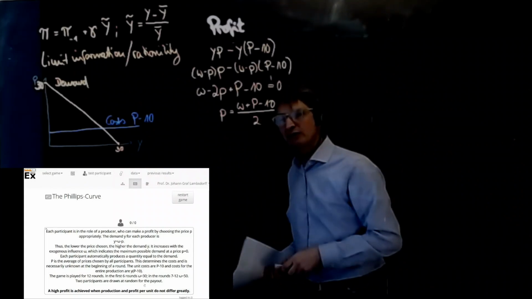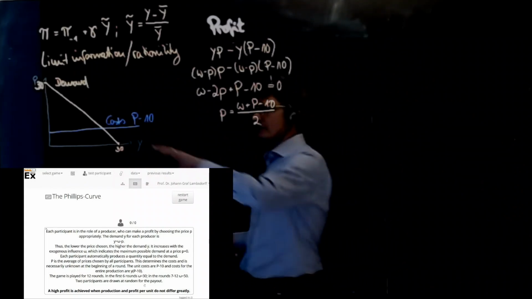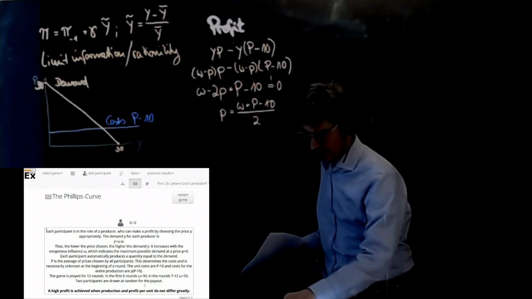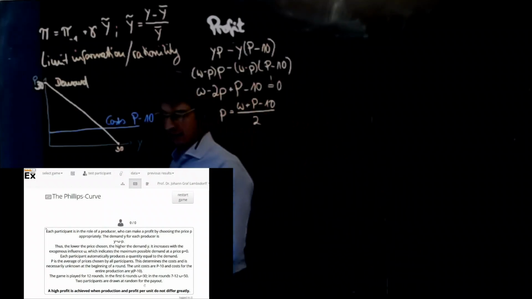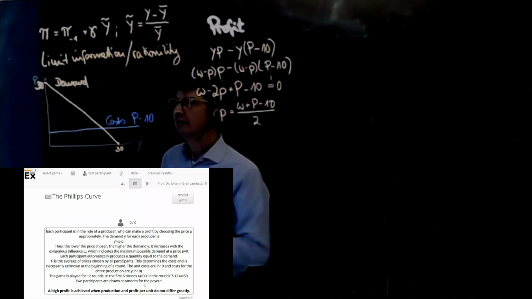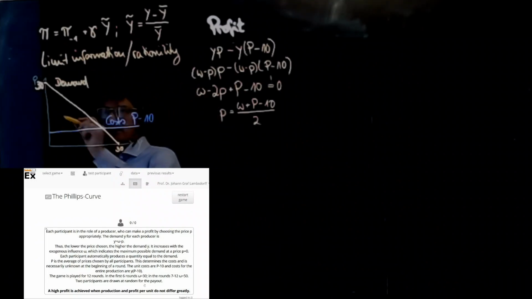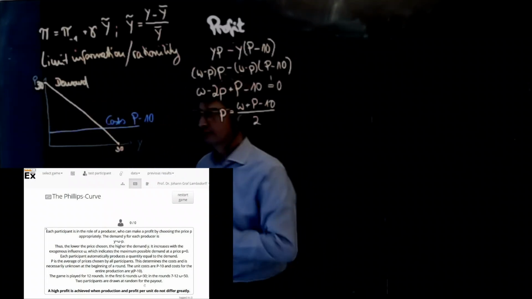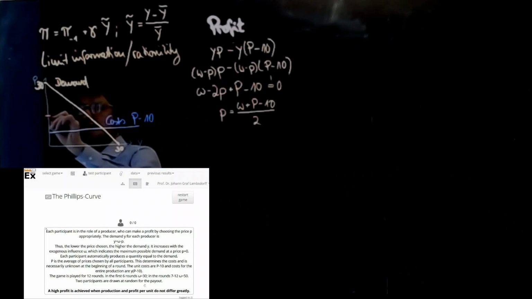And what you see here can also be illustrated by denoting the profit maximum here. Imagine for a moment that we fix a price of 15. In such a case, the quantity produced is also 15.